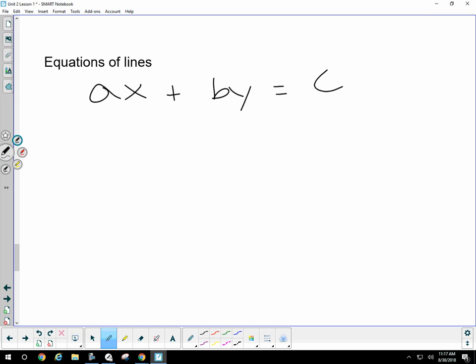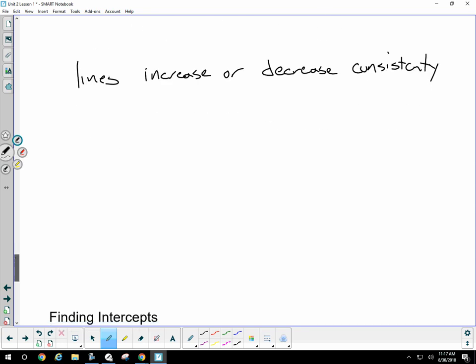Now what's great about lines is that they increase or decrease consistently. And lines typically always have intercepts.